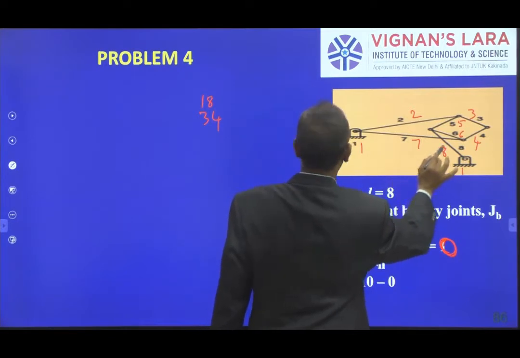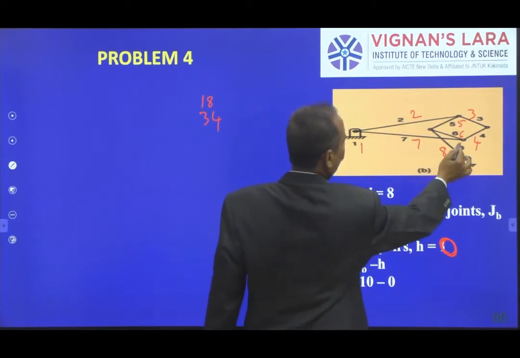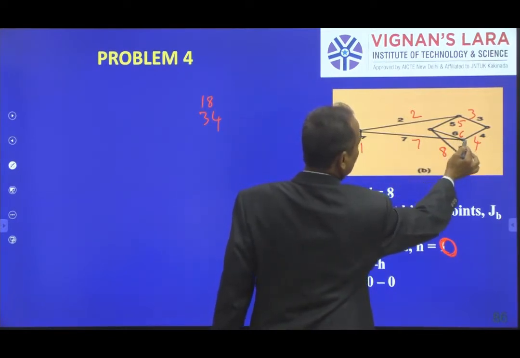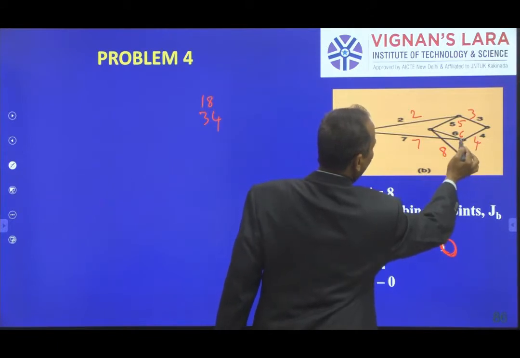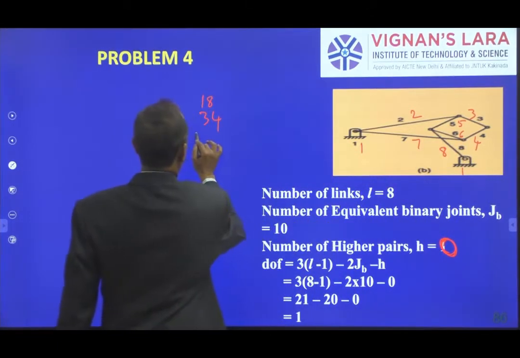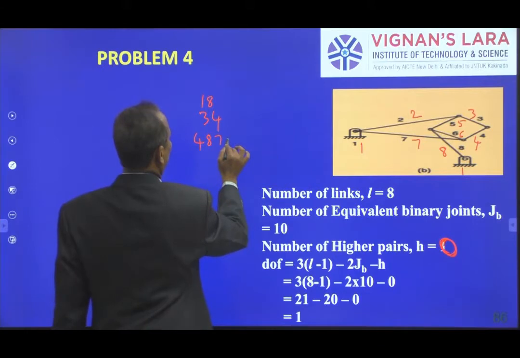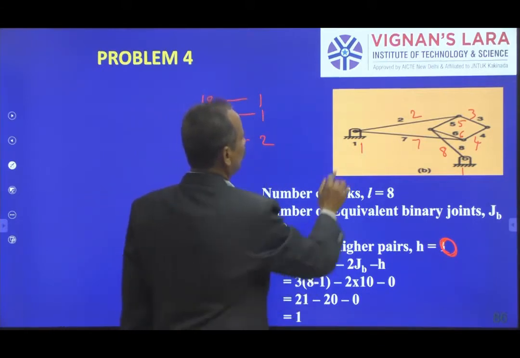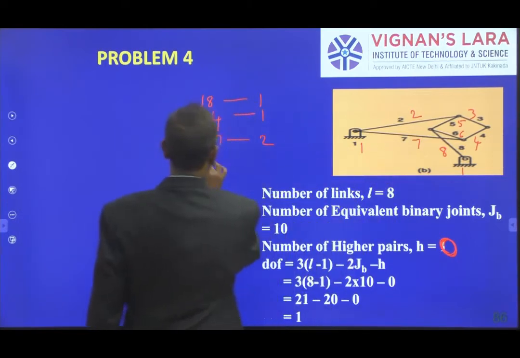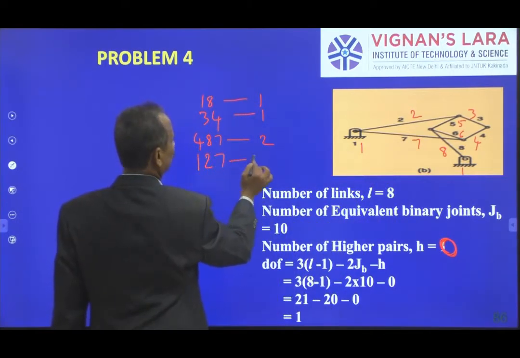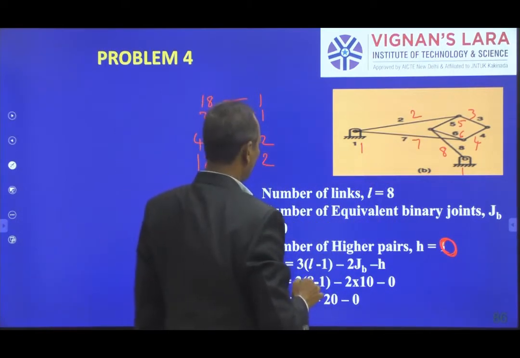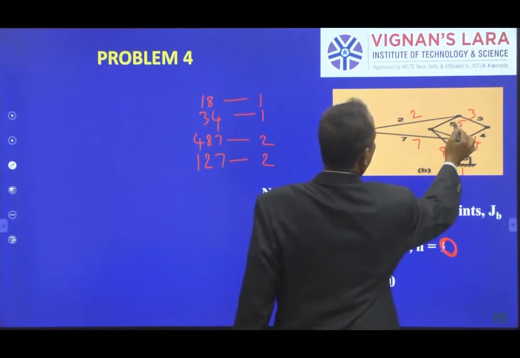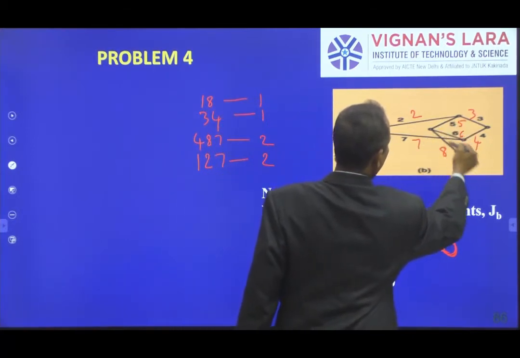That's it. Then come to the ternary joints. This is 4, 8, 7. These are two numbers. 1, 1, 1. Then 1, 2, 7. Okay. Then here 5, 6 and 8.